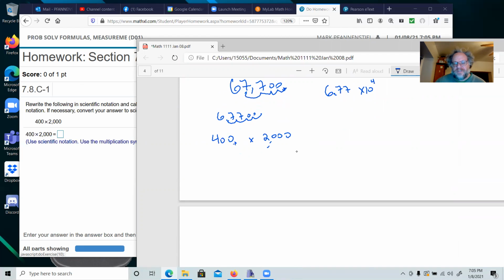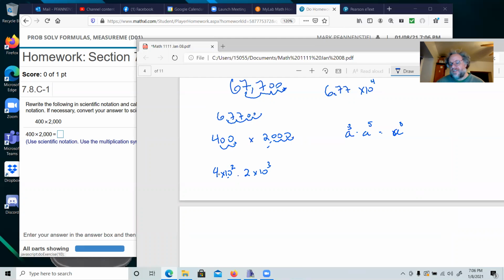So let's go through the decimal places. 1, 2. So this is 4 times 10 to the 2. And this guy here, this is 1, 2, 3. So this is 2 times 10 to the 3. We want to multiply them together. There's an old rule that maybe you learned in high school or junior high, but maybe you've forgotten: if the bases are the same, if I have a to the 3 times a to the 5, that's going to give me a to the 8. You add the exponents.